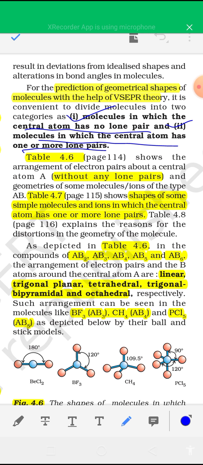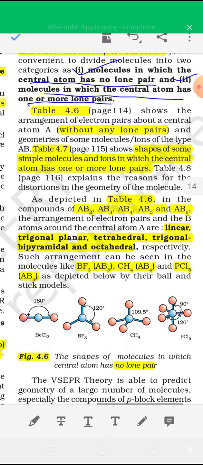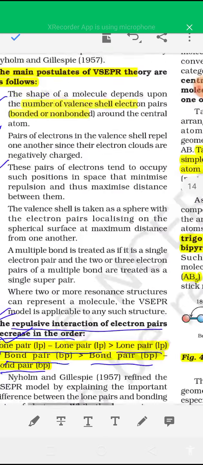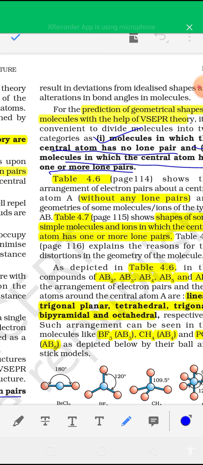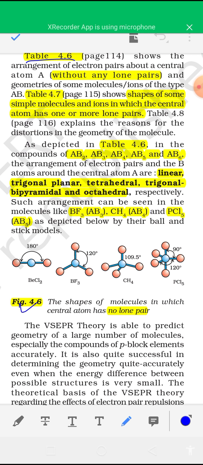Examples of such molecules are given in table 4.6, examples of covalent molecules with no lone pair of electrons. See BeCl2, BF3, CH4, PCl5.